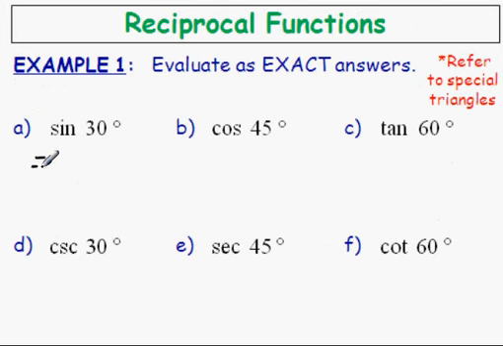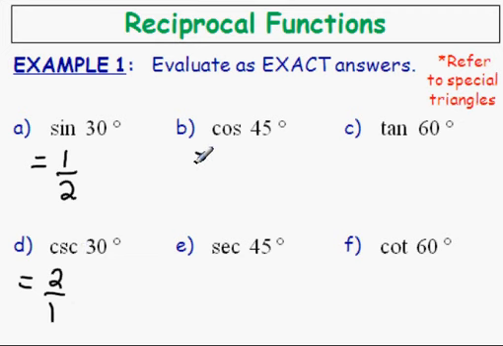So if you use your special triangles from yesterday, okay, that's the opposite over the hypotenuse. So it's 1 over 2. Okay, so sine 30 is 1/2, which means cosecant 30, which is the reciprocal of sine, is going to be 2 over 1. Okay, because sine and cosecant are just the reciprocal of each other.